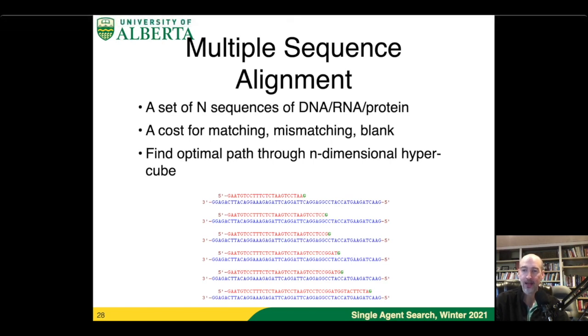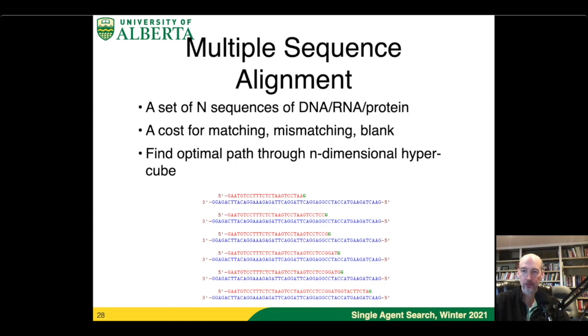What's the path that is closest? If we try to line them up and say, do they match here? Do they mismatch? Is there a blank? There's different cost functions that you can use, and those can be used for measuring differences. And so this is equivalent to finding an optimal path through an n-dimensional hypercube. So that's just another example state space.